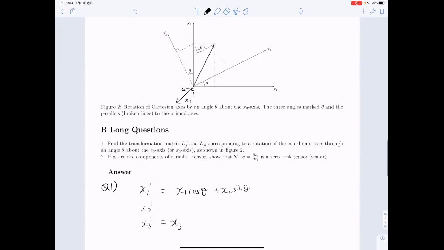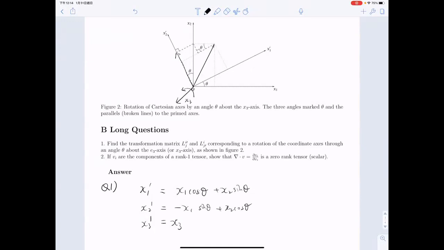X2 prime is the same: you decompose the basis vector into x1 and x2. After calculation, we obtain this.